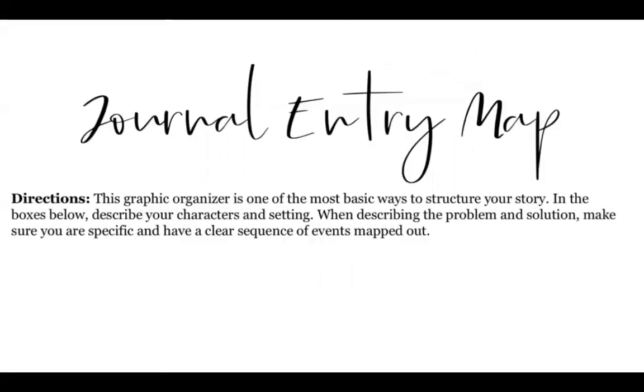And it says the direction. This graphic organizer is one of the most basic ways to structure your story. In the boxes below, describe your characters and setting. When describing the problem and solution, make sure you are specific and have a clear sequence, that means the order of events mapped out.